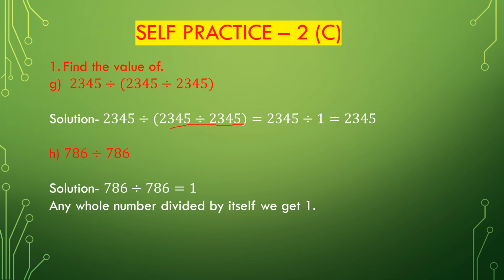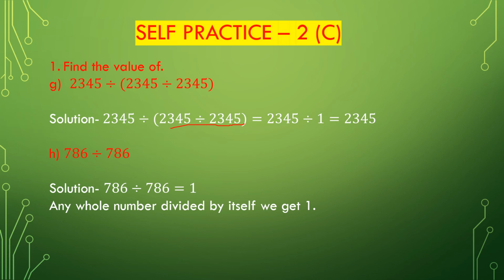As we know from BODMAS rule, first we perform bracket, then of, then multiplication, division, then addition and subtraction. So here, that is in parentheses, has the highest precedence, highest priority than the other operation. So first we perform this inside the bracket, that is 2345 divided by 2345.